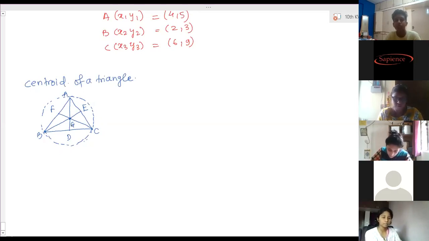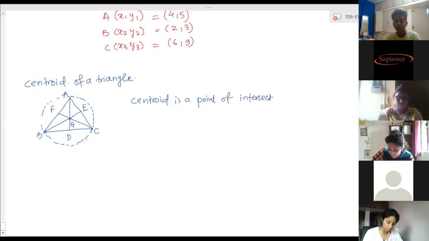Now, the property of a centroid is that the centroid divides every median in the ratio 2:1. Centroid is the point of intersection of all three medians of a triangle.